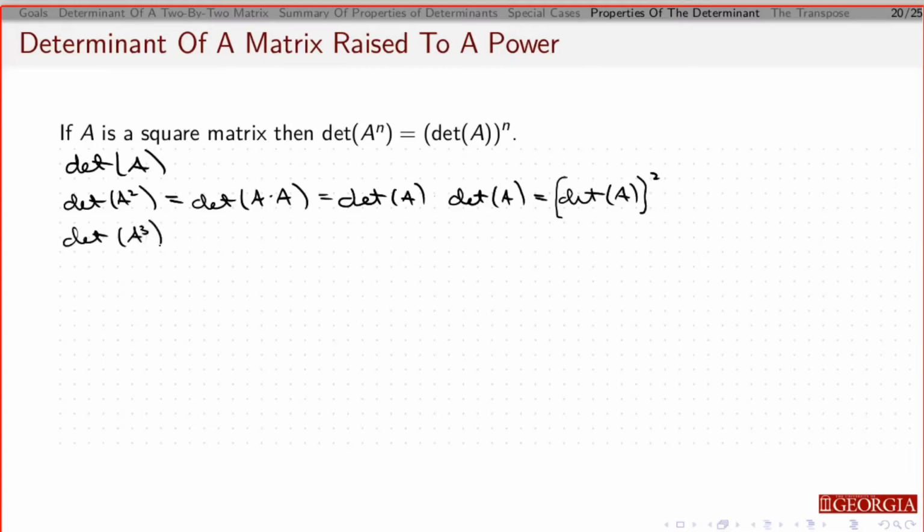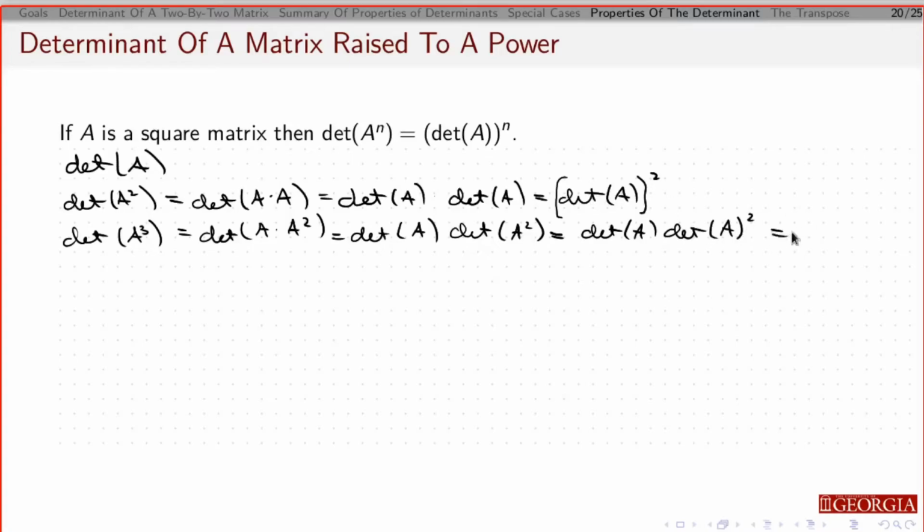Now if I look at determinant of A cubed, that's A times A squared. So that's determinant of A times the determinant of A squared. But I just said determinant of A squared is determinant of A quantity squared. So this will be the determinant of A cubed.